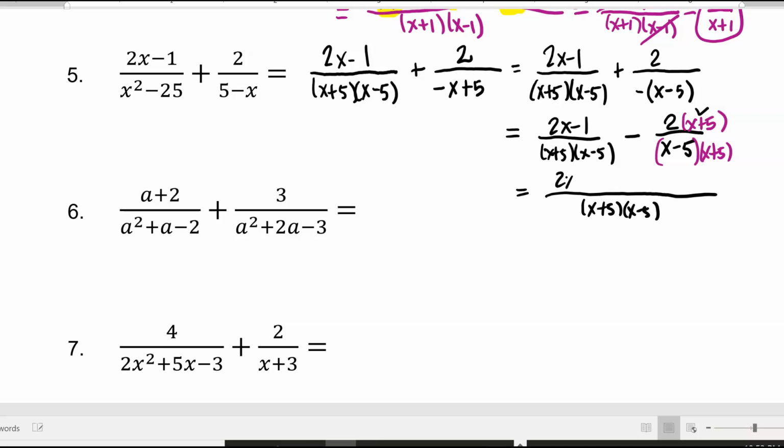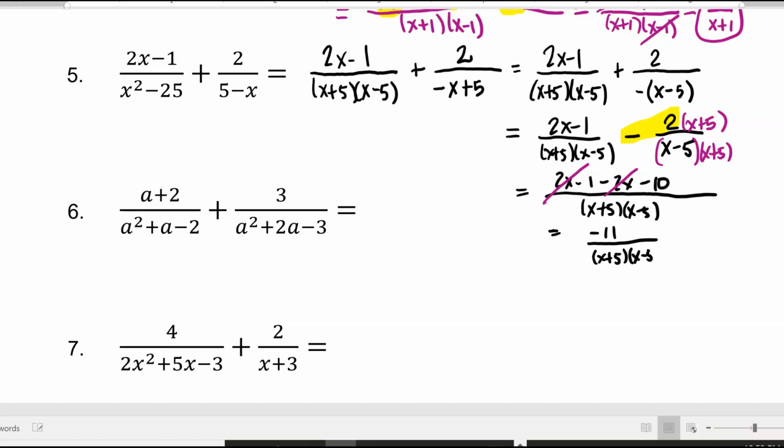We have a 2x minus 1 minus 2x minus 10. And again, why do we have that? Because we had to distribute that -2, multiply it times x plus 5. Now, what happens here? Well, the 2x minus 2x cancels out, and we have a -11 over x plus 5 times x minus 5.